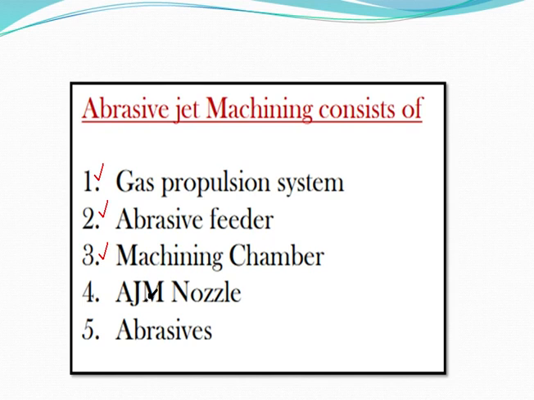The machining chamber is equipped with a vacuum dust collector. Special consideration should be given to the dust collection system if toxic material like beryllium is being machined, because it is very harmful.